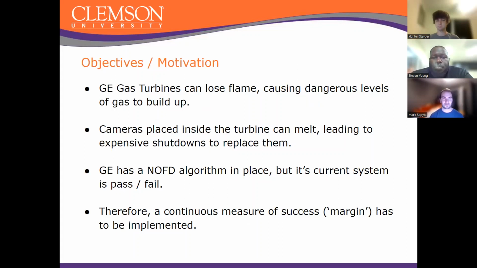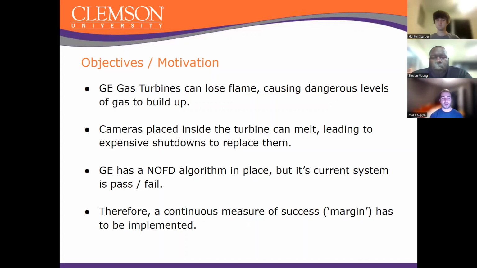So it's very important to have a system in place that would turn off the turbine when the flame is lost. Their current system uses cameras inside of the turbine, which have to be water cooled, but those can malfunction and cause expensive shutdowns.